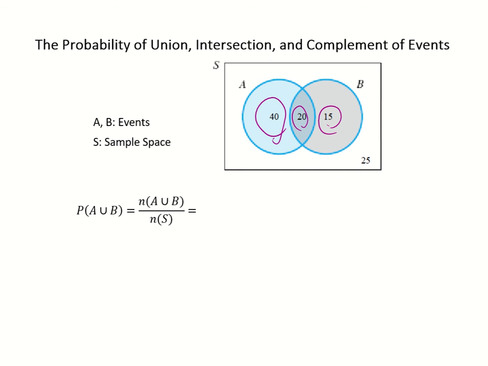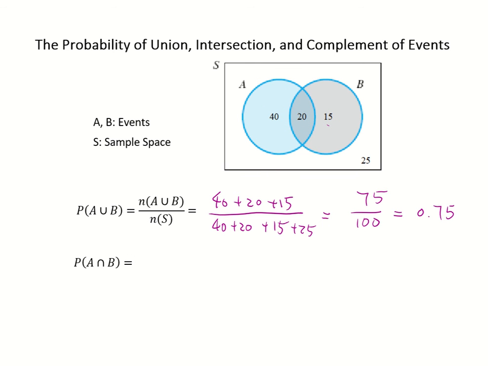We add them up, so it's 40 plus 20 plus 15 over the number of elements in the set S, which is the sample space. So it's also those three numbers plus 25. So 40 plus 20 plus 15 plus 25. And it's 75 over 100, so the probability of A union B is 0.75.